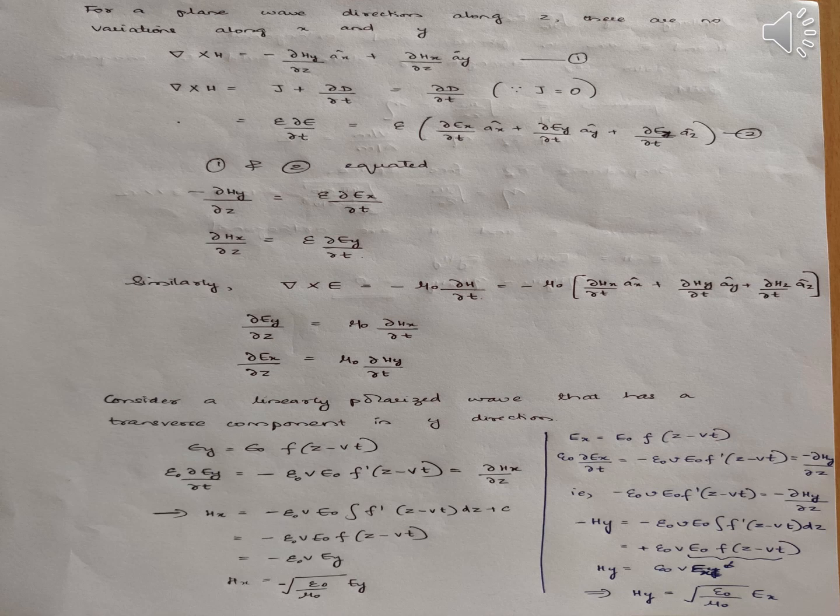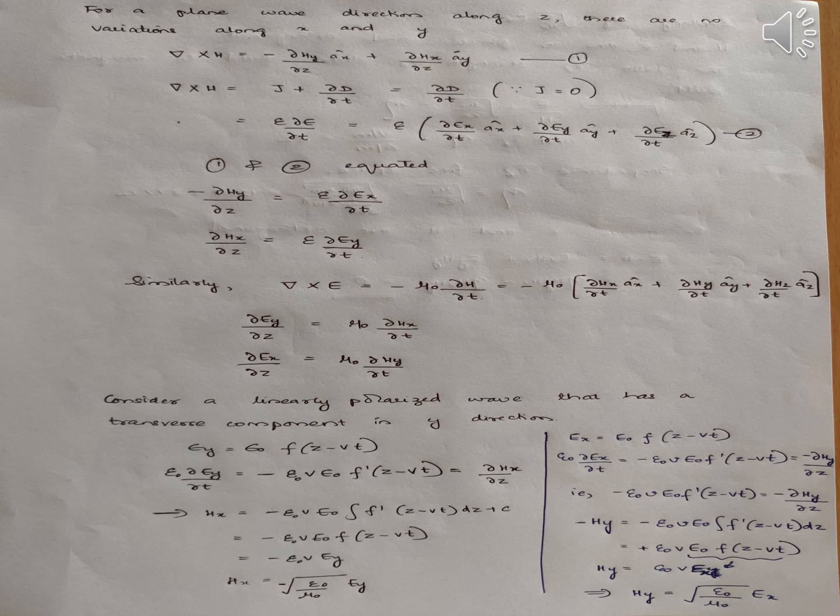So from that, what do I get now? I know V is equal to 1 by root of mu epsilon, and since I'm assuming free space, V can be written as 1 by root of mu naught epsilon naught. So when I substitute that and simplify, I'll get Hy is equal to root of epsilon 0 by mu 0 Ex. What does this imply?